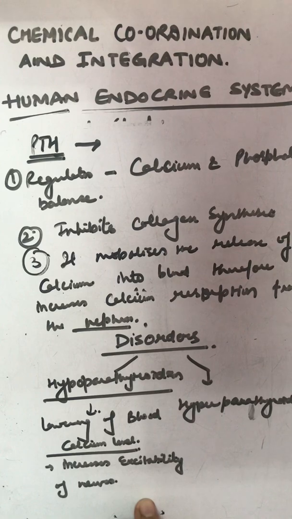Then it also leads to sustained contraction of the muscles of larynx, face, hands, and can cause parathyroid tetany or spasm. Okay, then we can list it as sustained contractions of muscles.